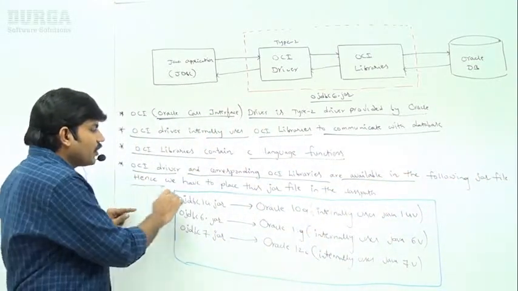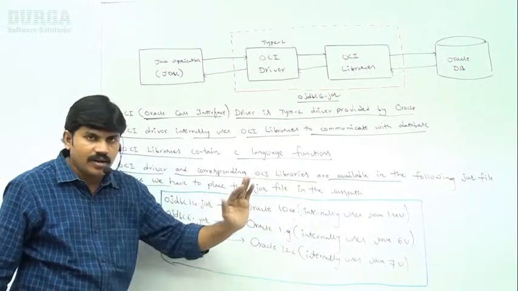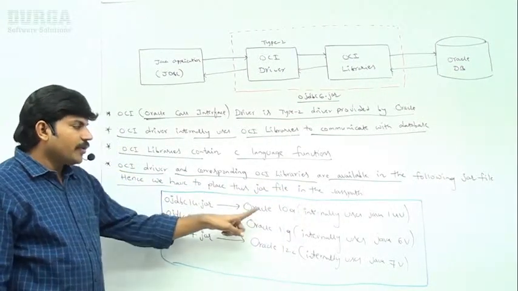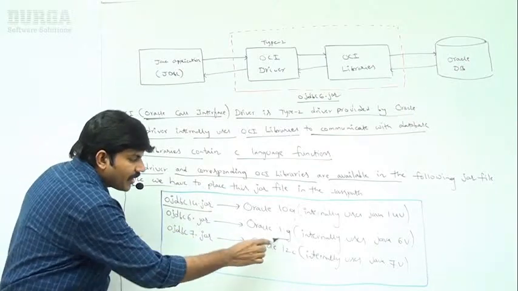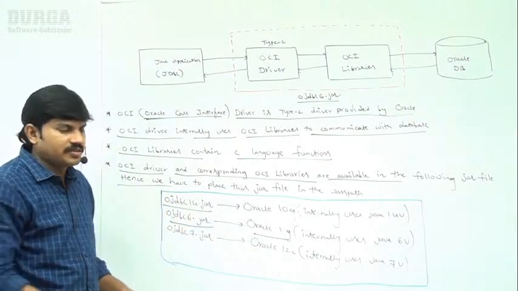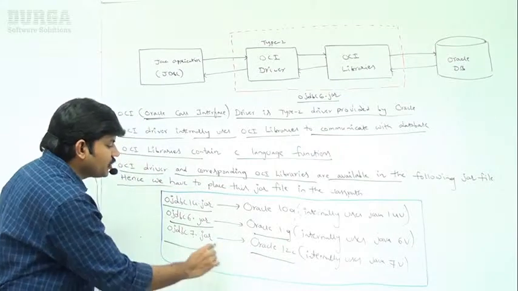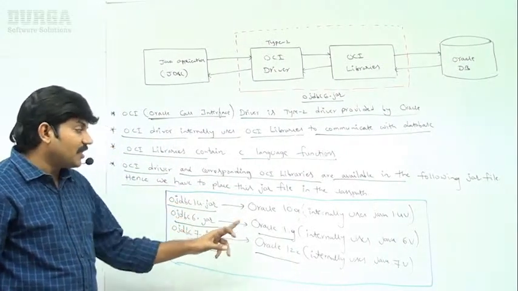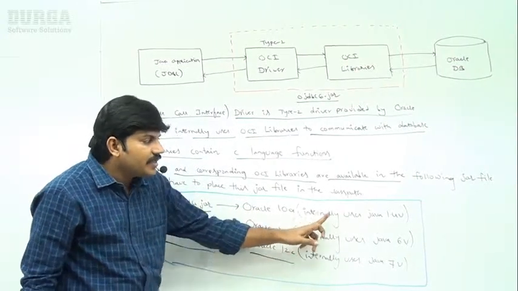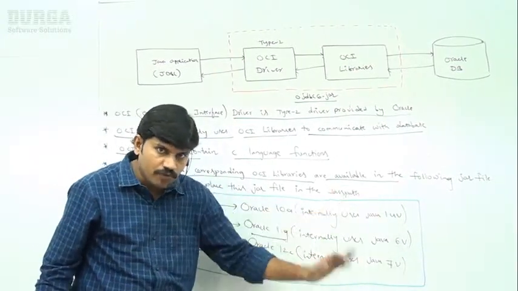Sir, hence we have to place this jar file in the class path. Sir, which jar file? If you are using Oracle 10G, OJDBC14.jar. If you are using Oracle 11G, OJDBC6.jar. Oracle 12C, OJDBC7.jar. But why 14, 6, 7? The numbers I already told. Oracle 10G internally uses Java 1.4 version.